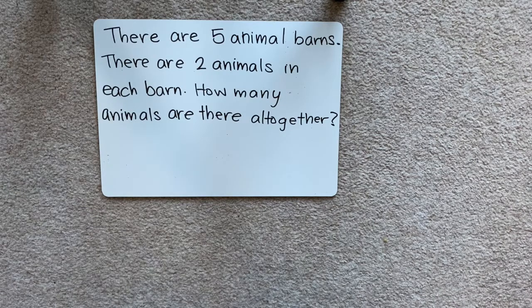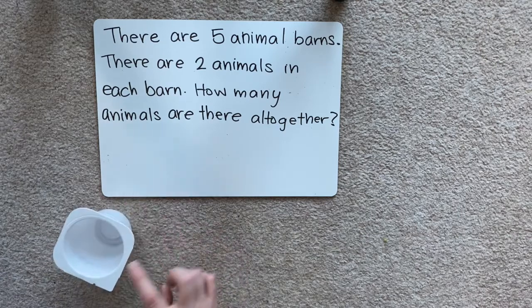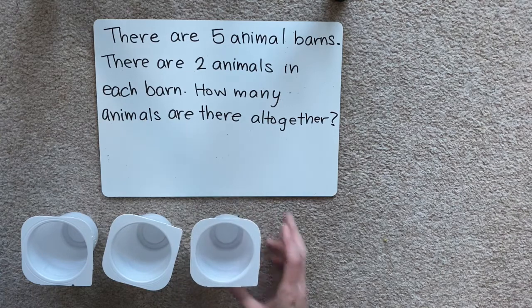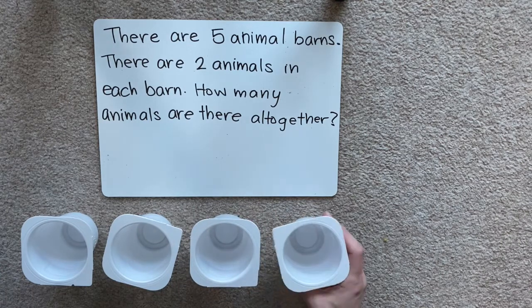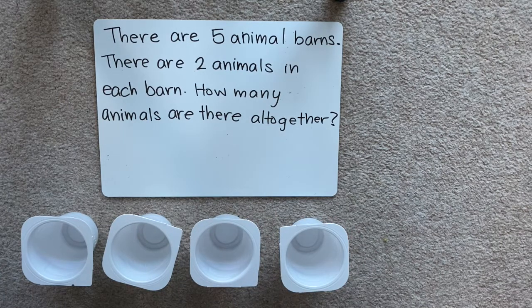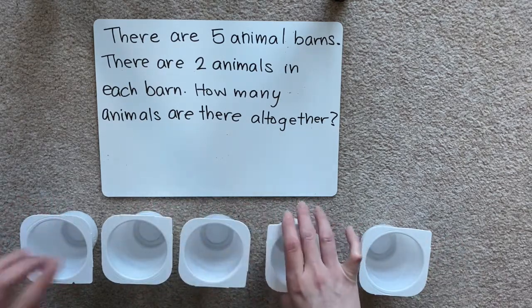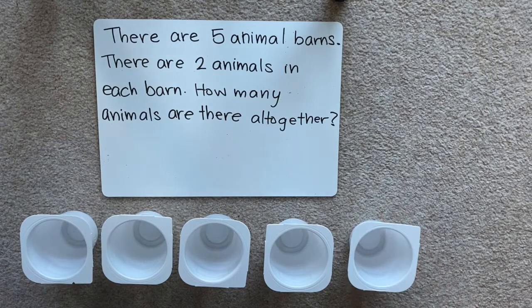So I'm going to get 2 animals each, and instead of a barn, we're just going to use pots. Animals are going to live in pots. So I need 5 pots. 1, 2, 3, 4, 5. 5 barns, and there's 2 animals in each barn.